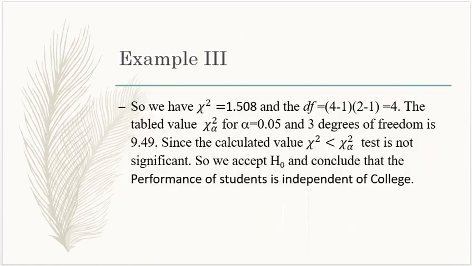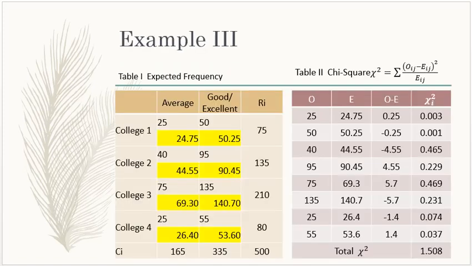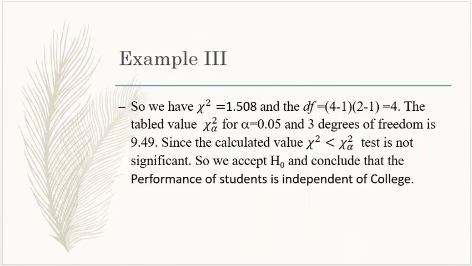So again we have here 4 rows and 2 columns. So the degrees of freedom is 4 minus 1 into 2 minus 1. So that is 3, and the table value is 9.49.